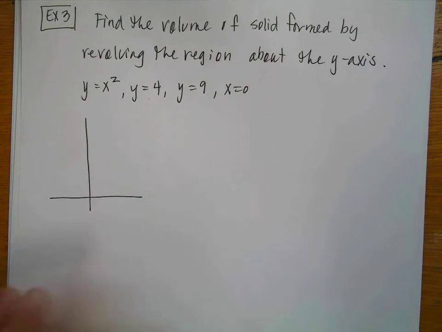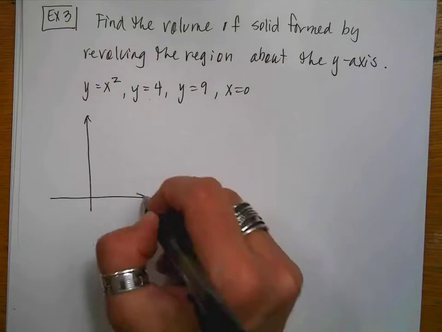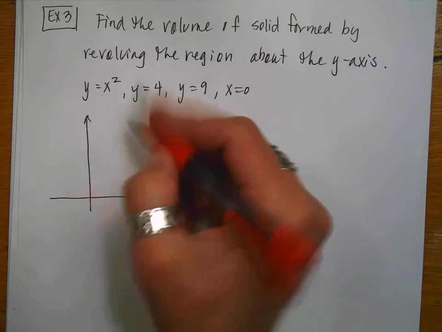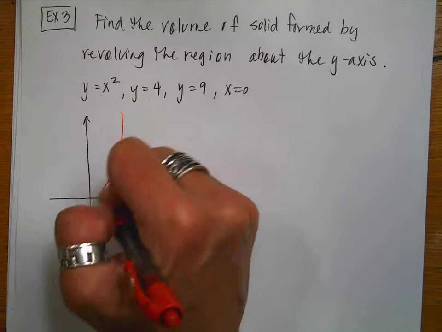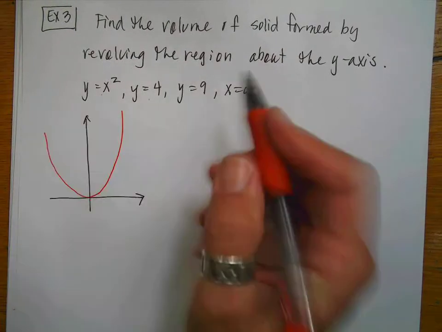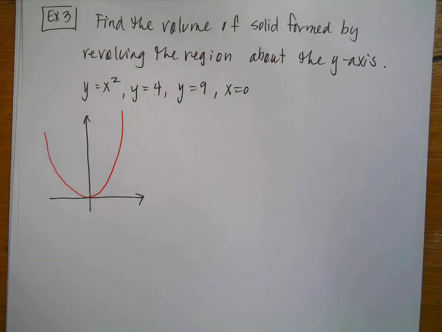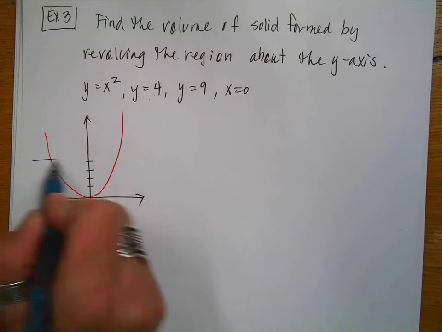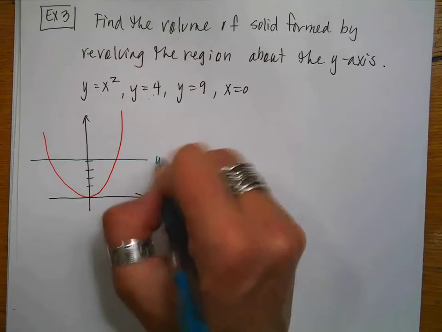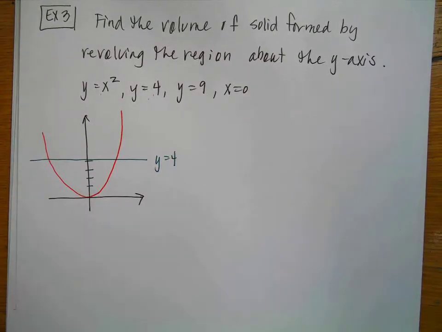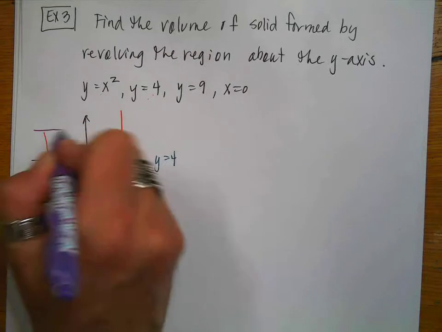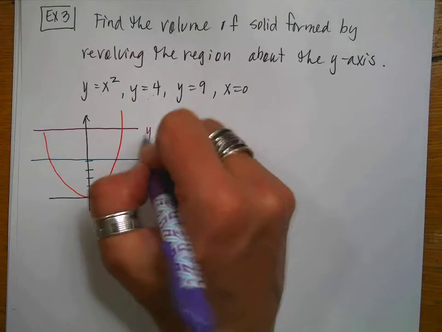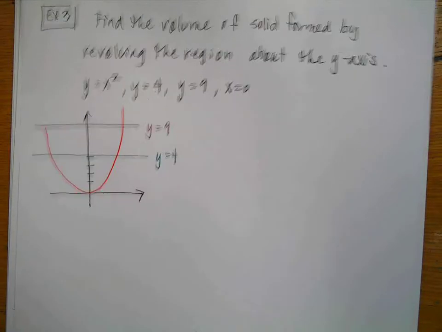So if I put all of that information on a graph, okay, so I'm going to have y is equal to x squared. I'm going to do that in a different color. So here's my parabola. And then I have y is equal to 4, okay, so 1, 2, 3, 4. So this is y is equal to 4, and then I'm going to have y is equal to 9, so that's up there.